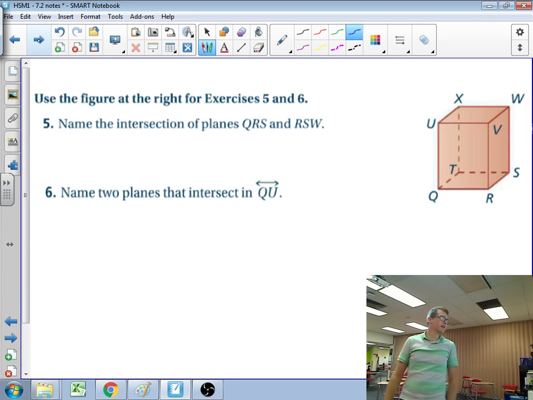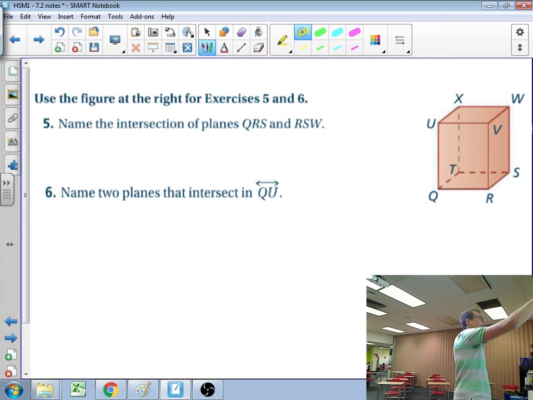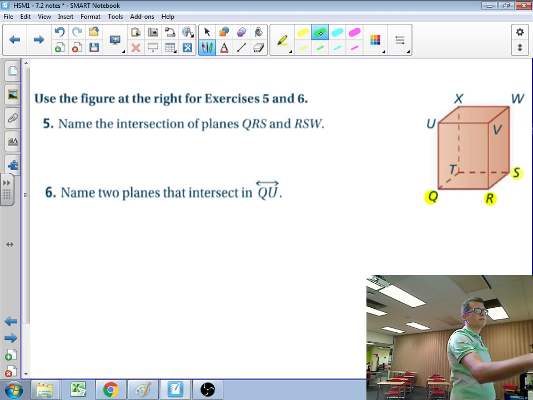If we move on to the intersections of plane QRS and RSW, I'm going to notate where those are. So QRS would be this plane at the bottom, and then RSW would be the plane right there.